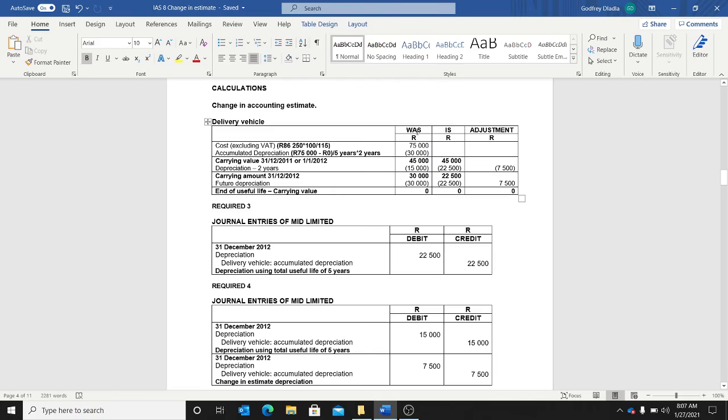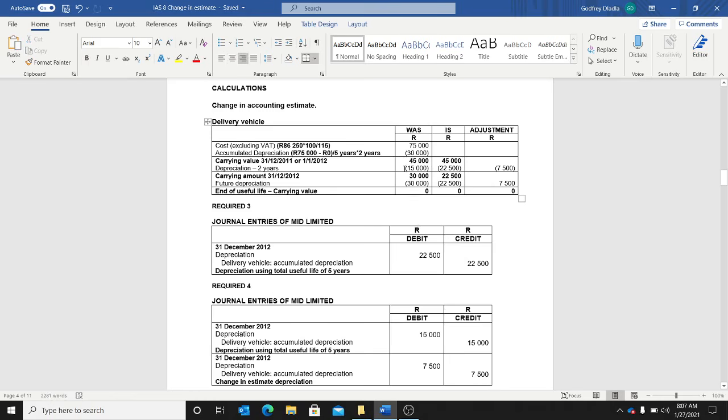Now, you'll see the columns are labeled was, is. Is the one that shows you the asset once the change is effected, meaning when you're effecting the change, how it will look like. Now, was means if things don't change.